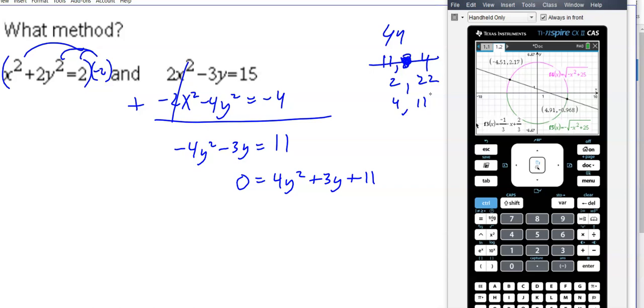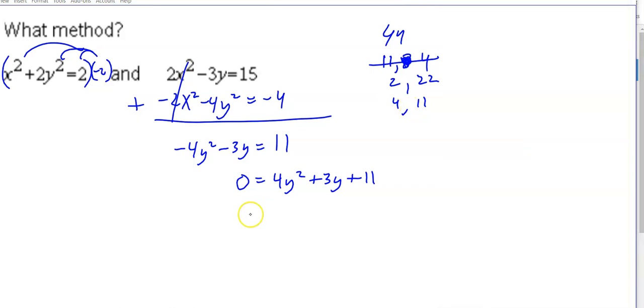So this is really not an easy problem. So if I try the quadratic formula, let's see what happens. So this would be the opposite of 3 plus or minus the square root of b squared, which would be 9 minus 4 times 4 times 11, all over 2 times 4.